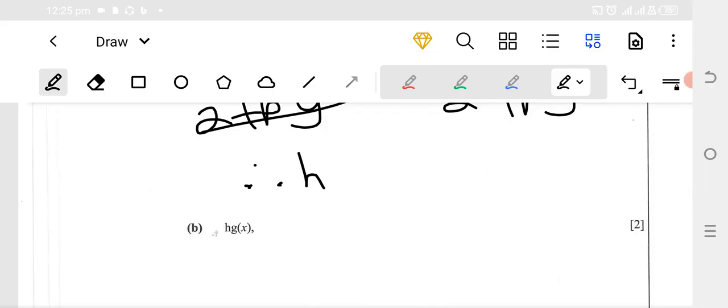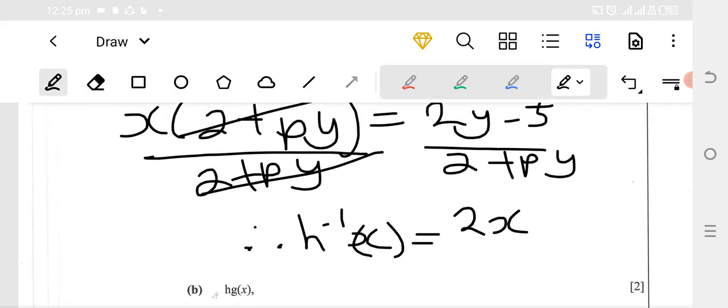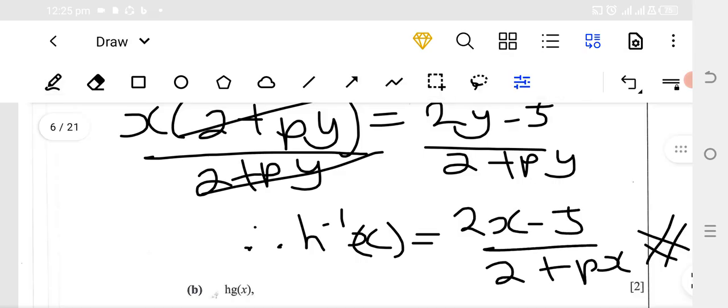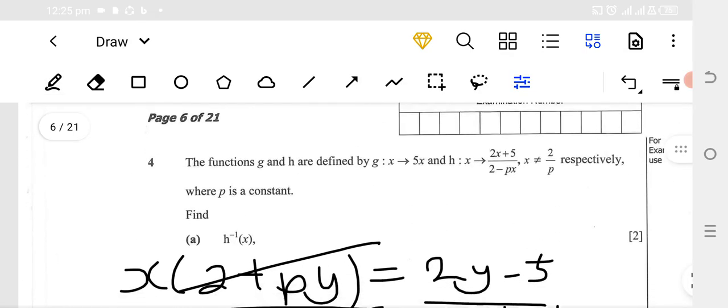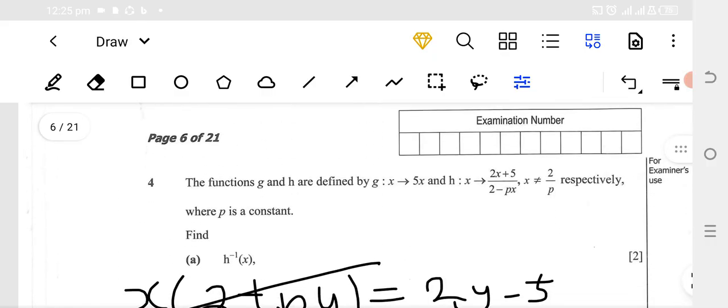Therefore, h inverse of x is equal to 2x minus 5, you divide by 2 plus px. And if you check, nothing much has changed.